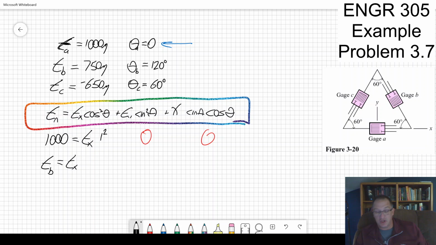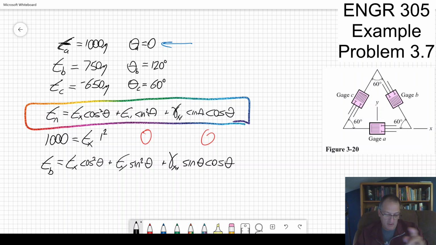I could have just dropped the number right in there. Cosine squared theta plus strain in the y sine squared theta plus gamma xy sine theta cosine theta.